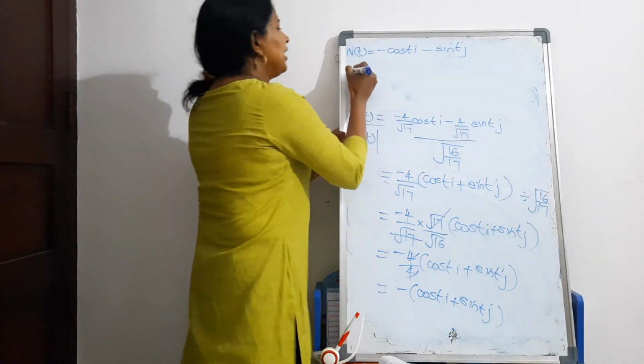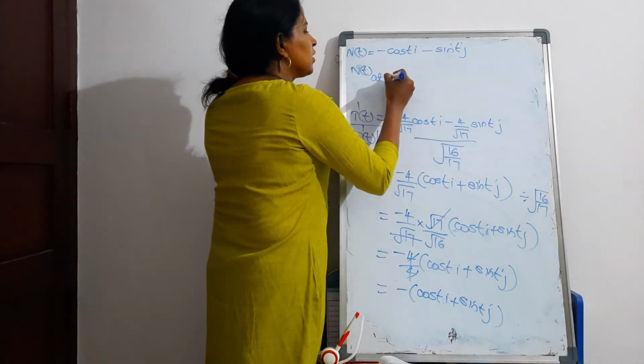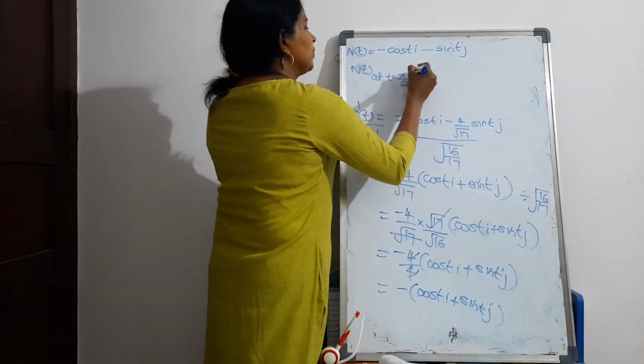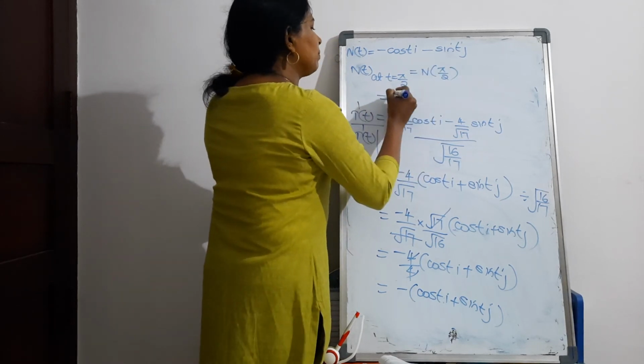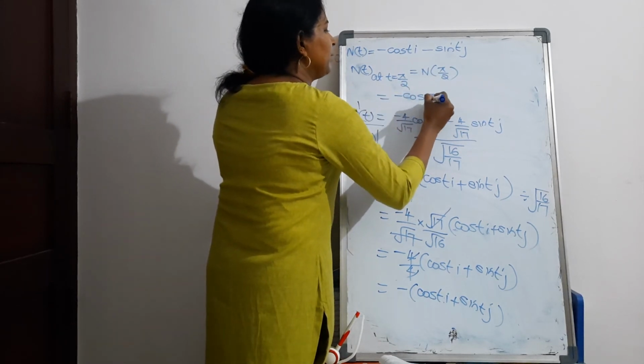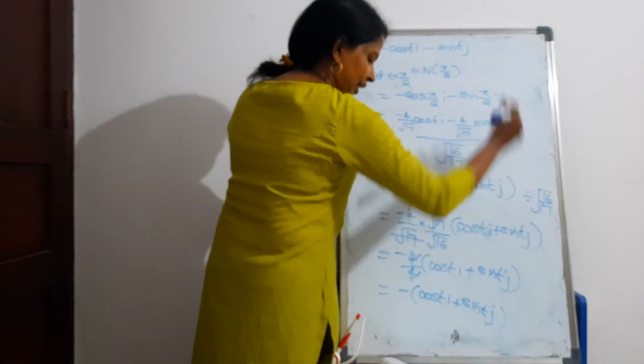Then N of t at the point t equal to pi by 2. That is N of pi by 2 is equal to minus cos pi by 2 i minus sin pi by 2 j.